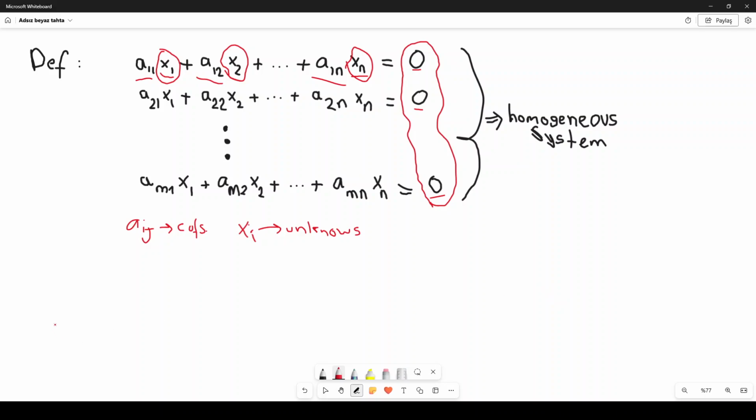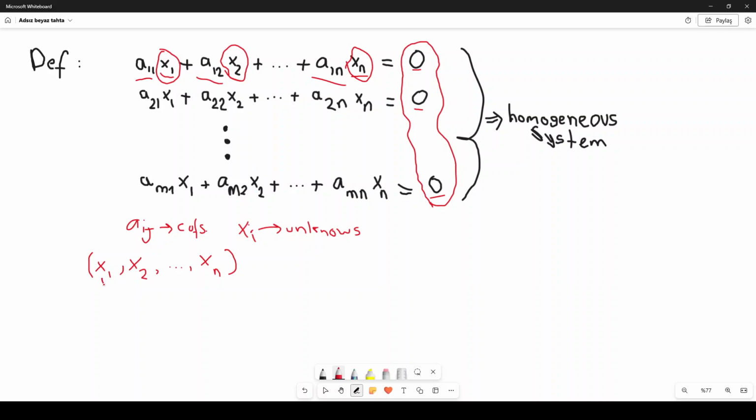And what is that value? First of all, we are looking for a solution in the form of an n-tuple. Since we have n unknown variables, what we try to obtain is an n-tuple of these unknown variables that satisfies all of the equations in the system simultaneously.